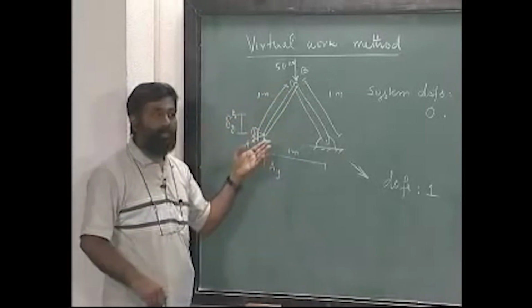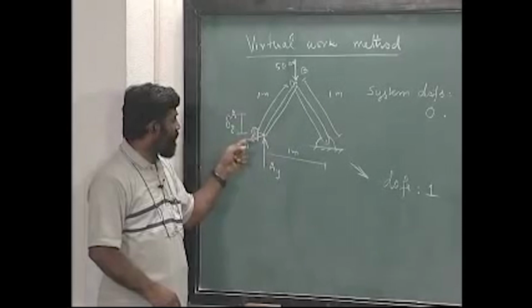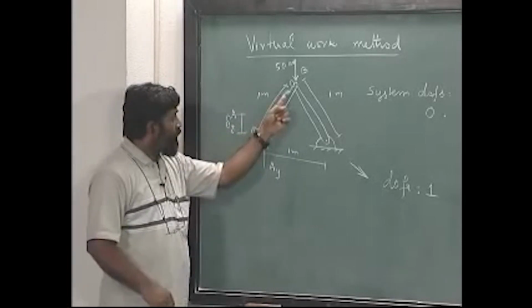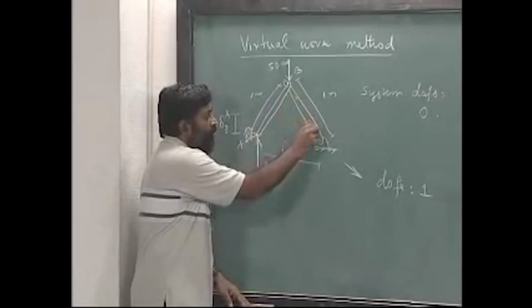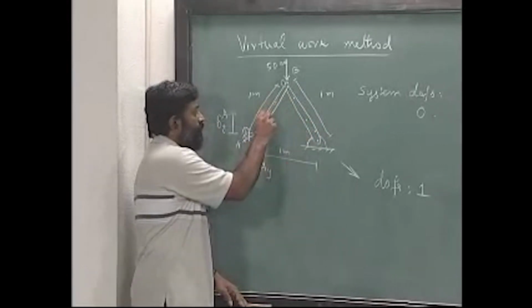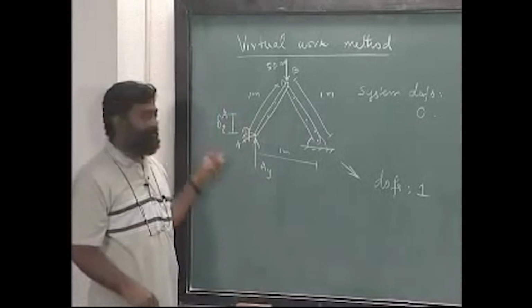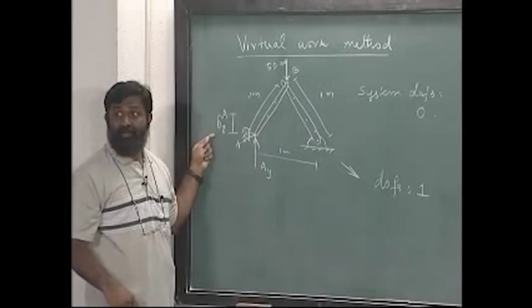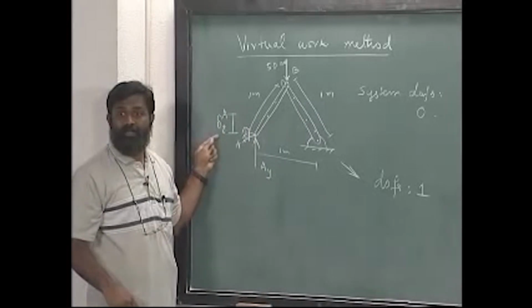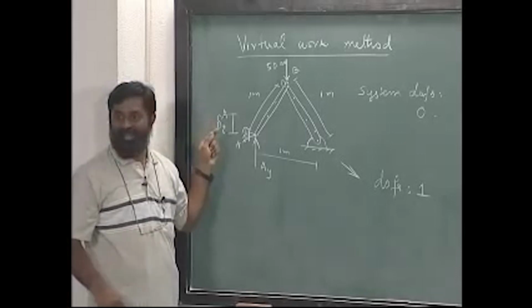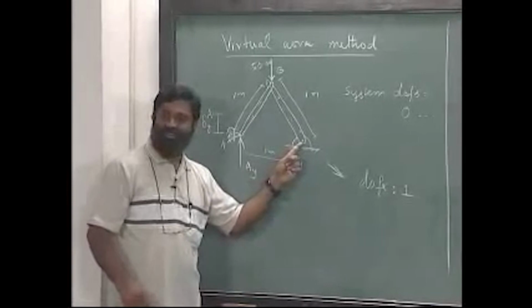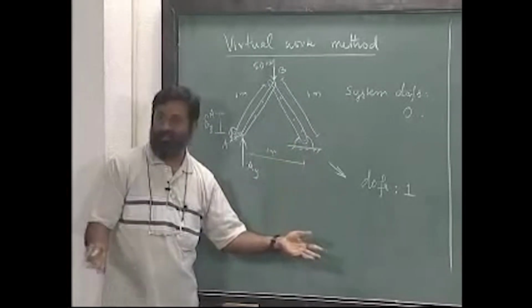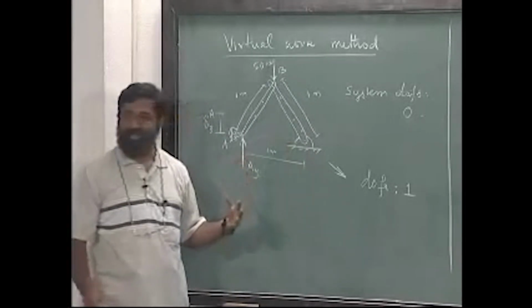I am going to show that in a simple example. If I have to find out how much this has moved, how much this has moved, how much this has moved, all these will be in terms of delta YA. Is that clear? Of course, this point we already know, the displacement of this is equal to 0.